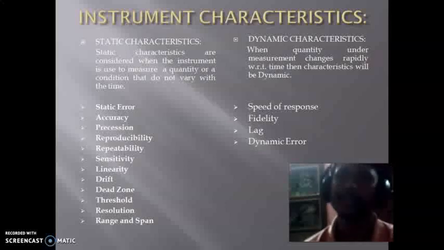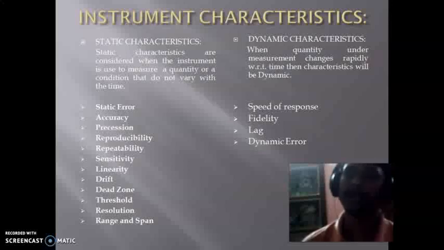Static characteristics are considered when the instrument is used to measure a quantity or a condition that does not vary with time. If you want to measure a quantity of a variable that doesn't change with time, this kind of characteristics is called static characteristics.